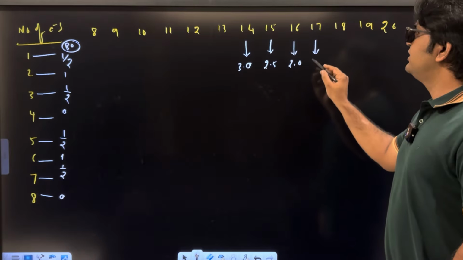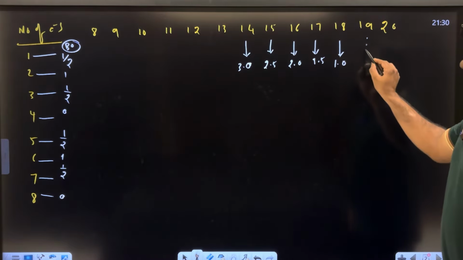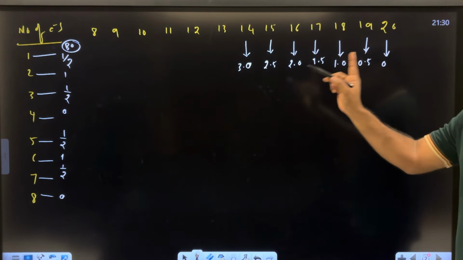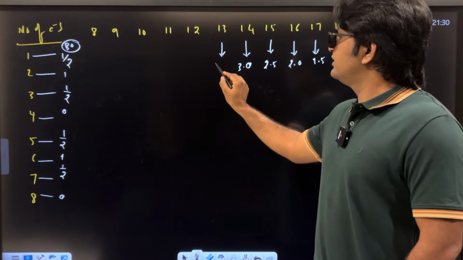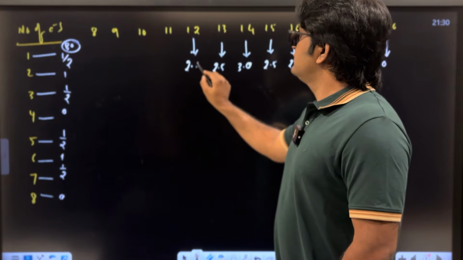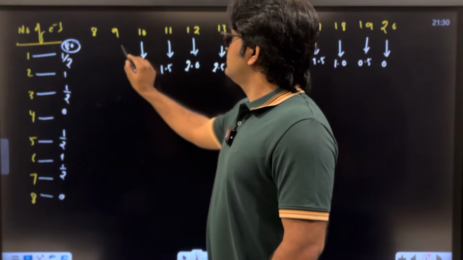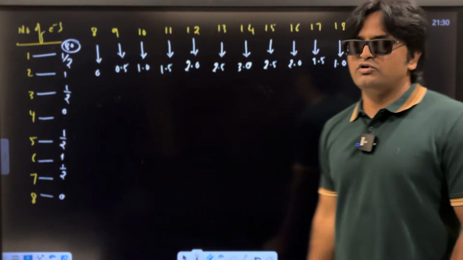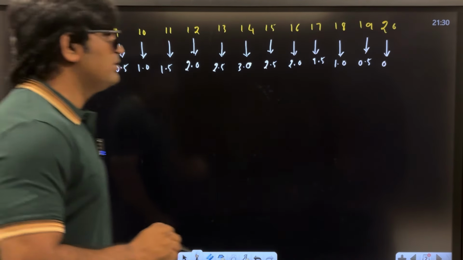The bond order of 17 electrons is 1.5, then 1.0, next 0.5, and for 20 electrons the bond order is 0. On the left side, from 3.0 we decrease 0.5 each time: 2.5, 2.0, 1.5, 1.0, 0.5 and then 0. These are the bond orders for the corresponding electrons, and you remember this.